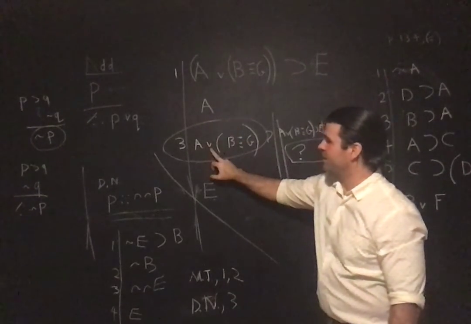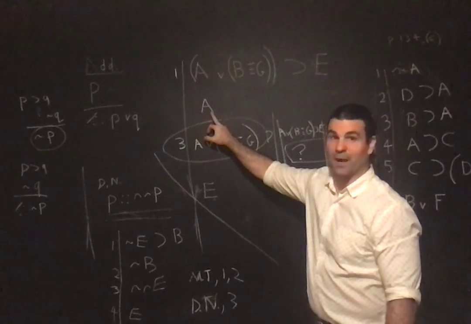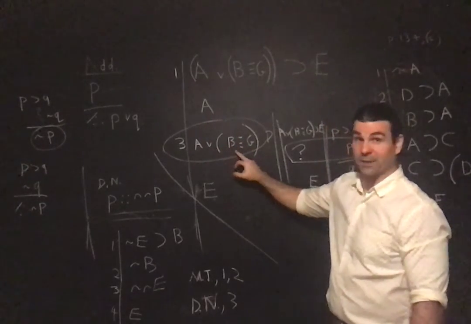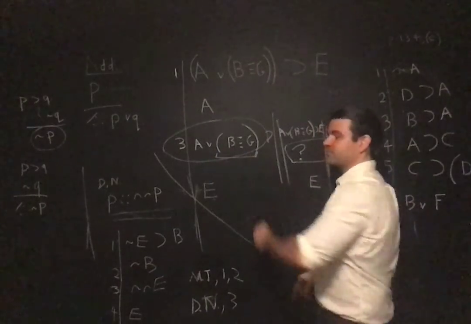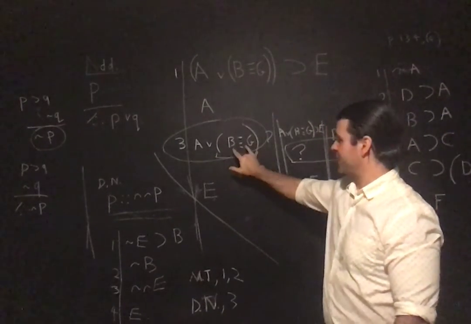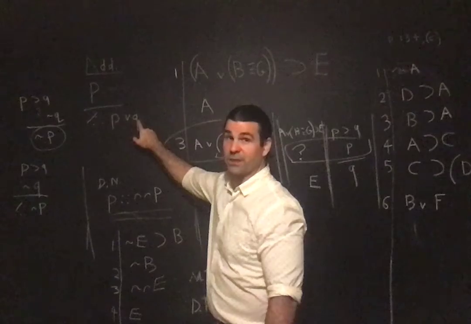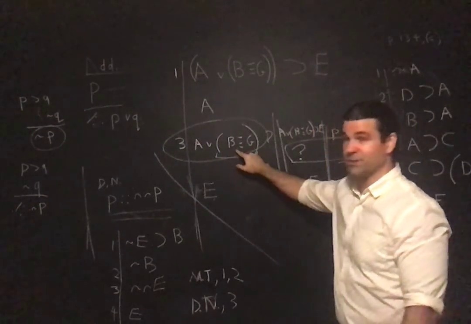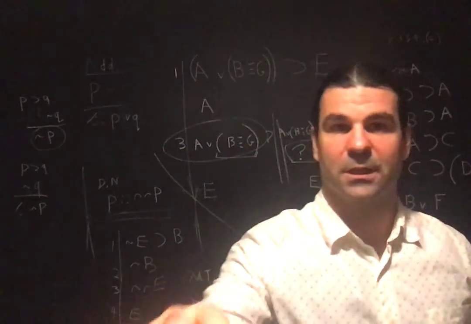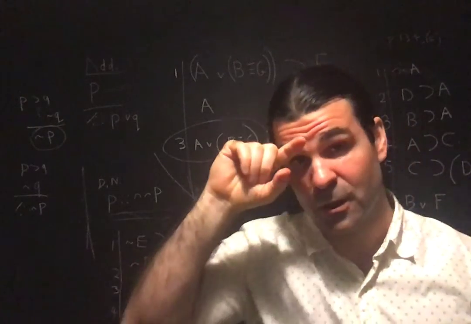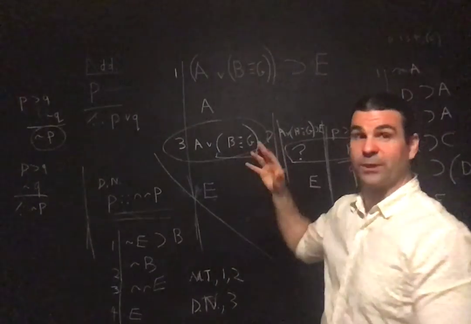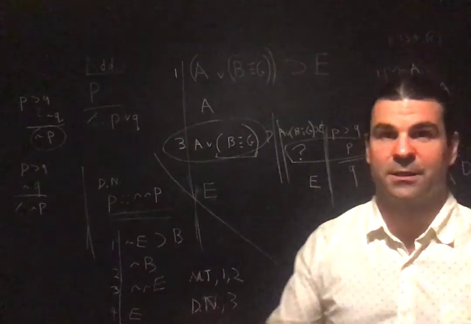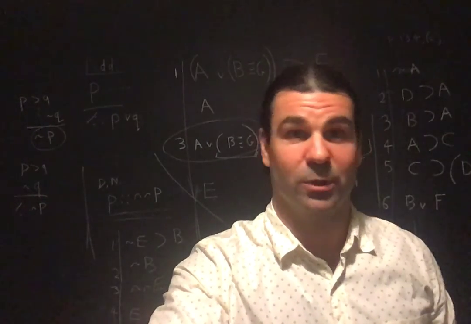I've got A, so I'm entitled to infer by addition A or brackets B or B by conditional G. That is a legal formula, a legal substitution instance of Q. That's the kind of situation when you're going to use addition, quite often to get the antecedent of a conditional where you want to do a modus ponens.